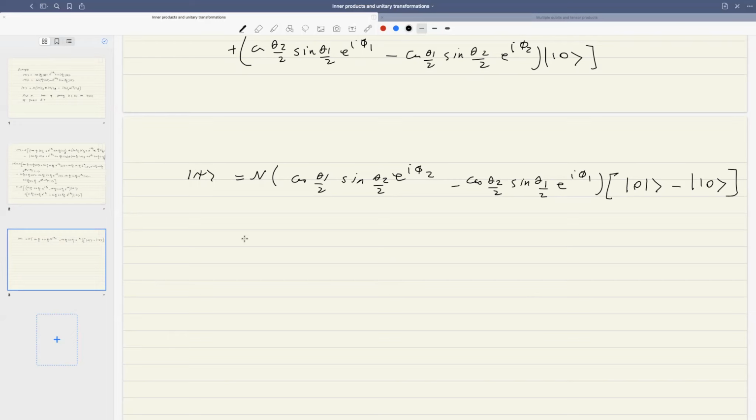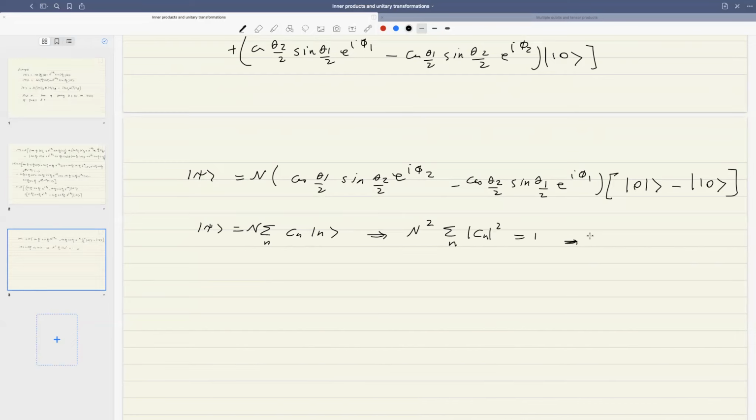So in general, suppose I find some state that in the computational basis is given by n times the sum over n of c_n, n. So I have some numbers, and n is the normalization constant. So then I'm going to require that the state is normalized, which means n squared times the sum over n of c_n squared is 1.